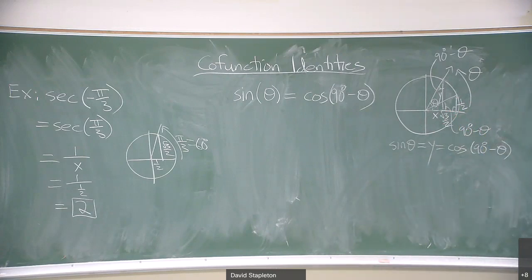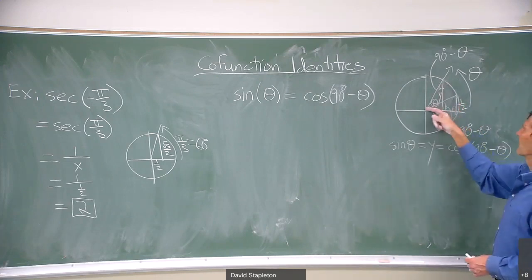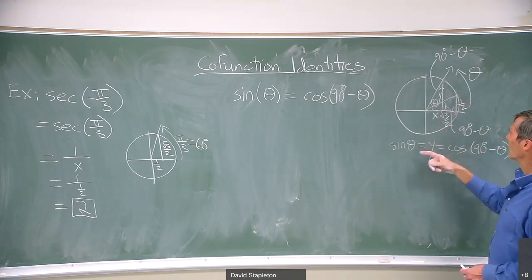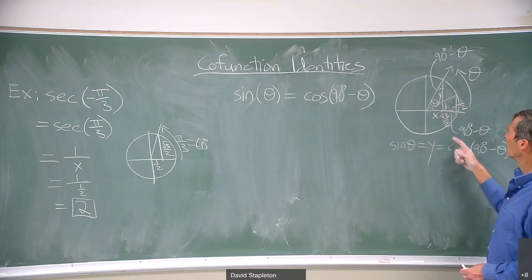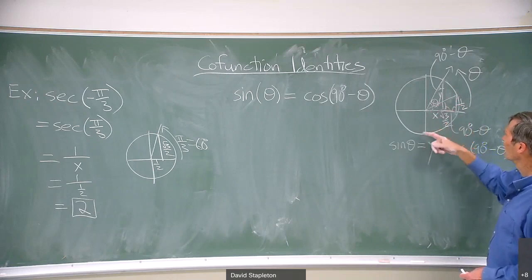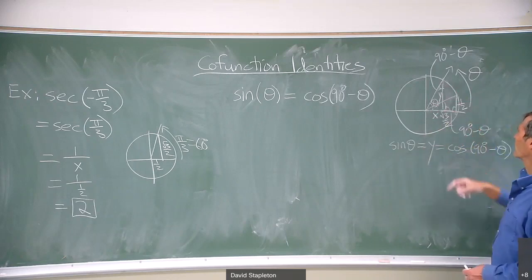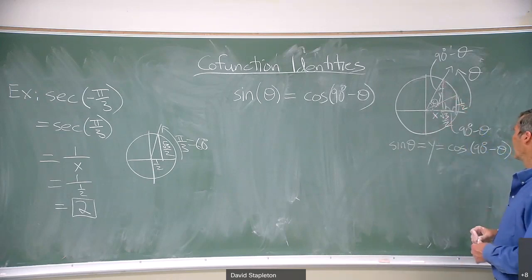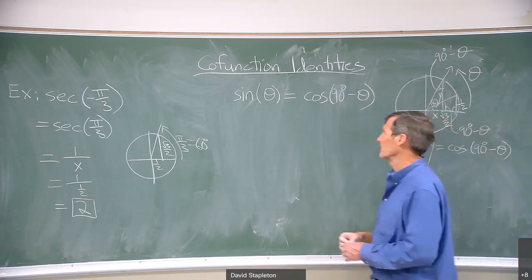But since we haven't got those yet, and this book introduces these now, I'll go ahead and do it this way. Because if you take the triangle and flip it over this way, the x and y coordinates interchange, and the cosine of this angle is what was the y coordinate of this angle. The x coordinate for this one is what was the y coordinate for this angle. And so that's the derivation, a little harder than the other way.